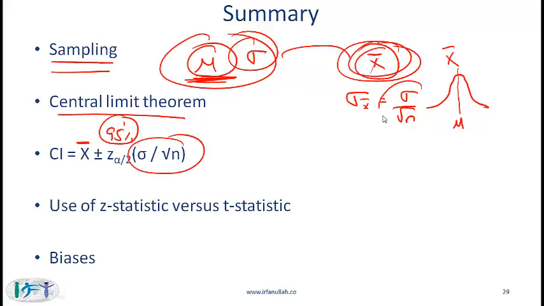We talked about the use of Z statistic versus T statistic. You use the Z statistic when the variance is known and the T statistic when the variance is not known. And finally, we talked about the biases such as time period bias, data mining bias, survivorship bias, and look-ahead bias.